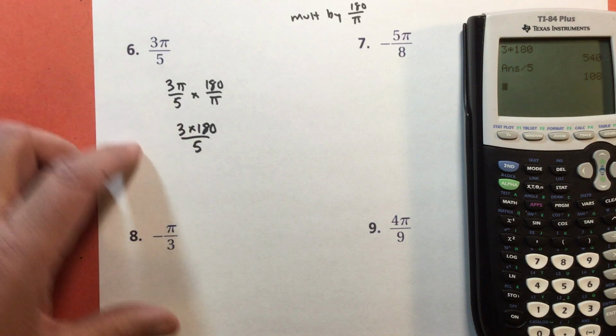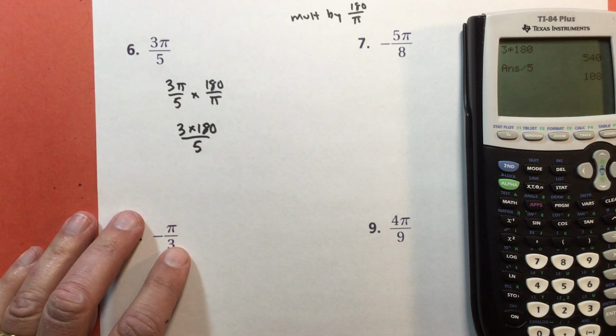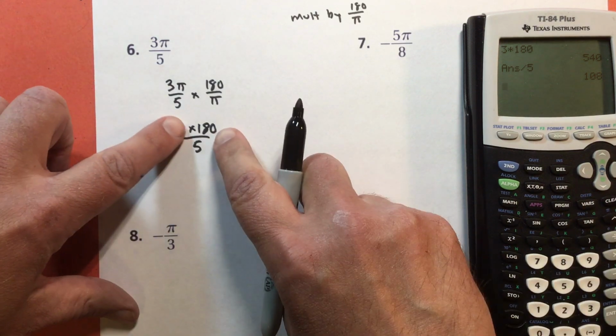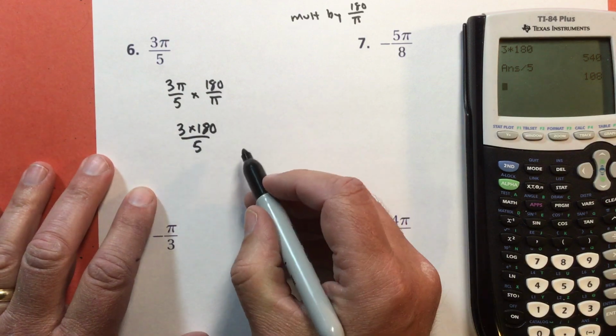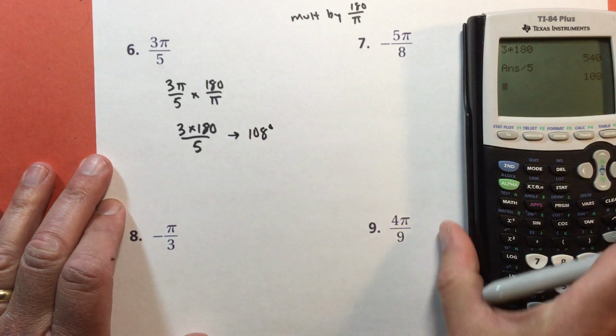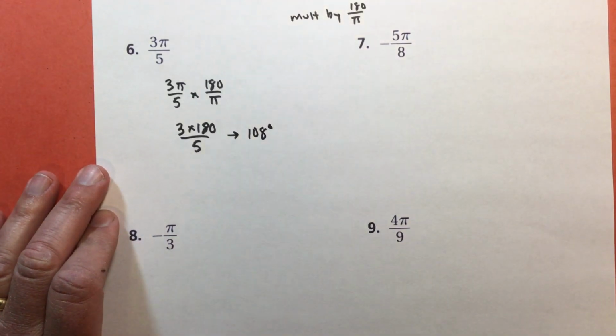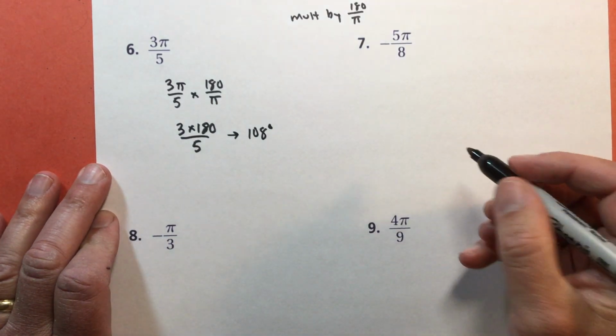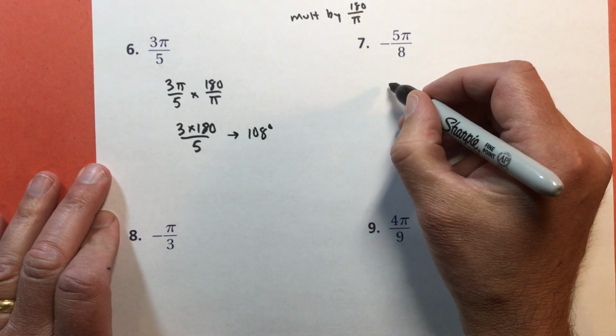And then just do 3 times 36. Maybe that's not as easy as I thought it would be, but sometimes it's easier to divide before you multiply. Either way, this is going to give me 108 degrees. The actual mental math, you do whatever comes up best for you. And if you get stuck, it's okay.